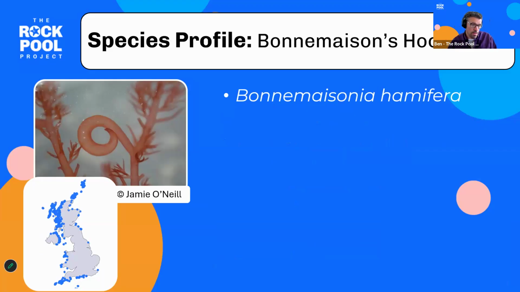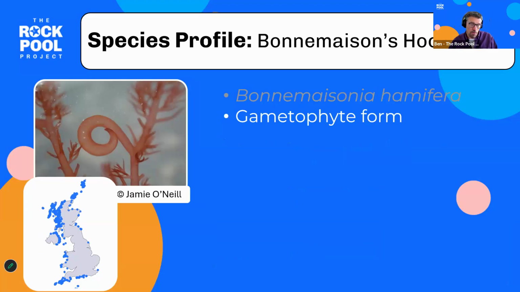Its Latin name is Bonnemaisonia hamifera, and it has, as a lot of red seaweeds do, two life stages, and it's this gametophyte or sexual life stage form that is the one that you're most likely to spot. The other stage, we'll have a look at on the next slide, is much harder to identify.